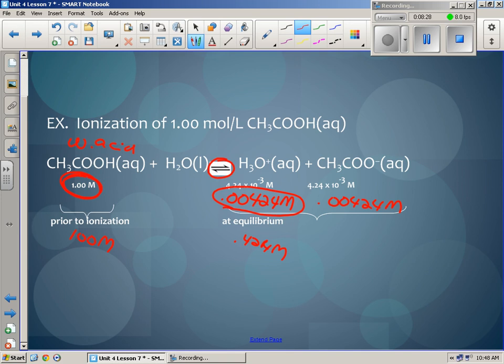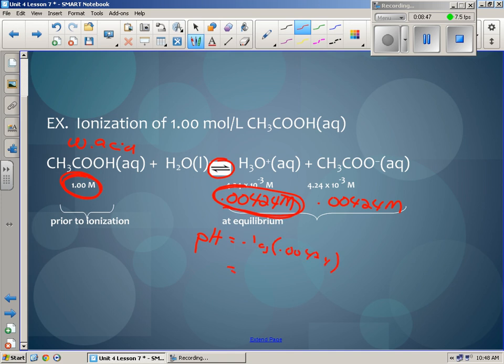But hey, look, now that I know this concentration here, by the way, let me just get rid of this because that's kind of silly, could I figure out the pH of this particular one? Sure. Once again, pH is the negative log of 0.00424.